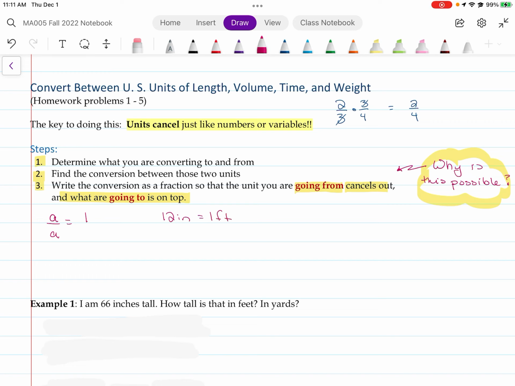If I showed you 12 inches and I showed you 1 foot, they're the same thing. So that means we can say there are 12 inches per 1 foot, and it equals 1, right? So if I multiplied by that, I wouldn't be changing the value. Just like if I multiplied by A over A, I would not be changing the value. So that's what we're going to do today.